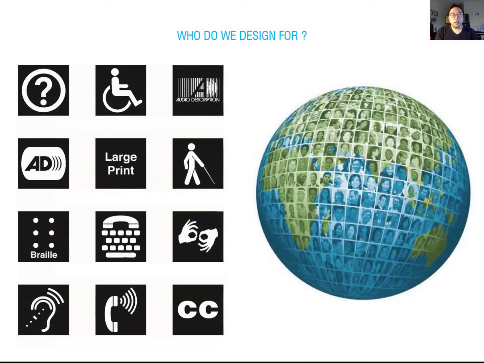So first we talk about ADA, who we design for. ADA is the common dimension for everyone. But what is ADA? ADA is the Americans with Disabilities Act. Its purpose is to give civil rights protection to individuals with disabilities.